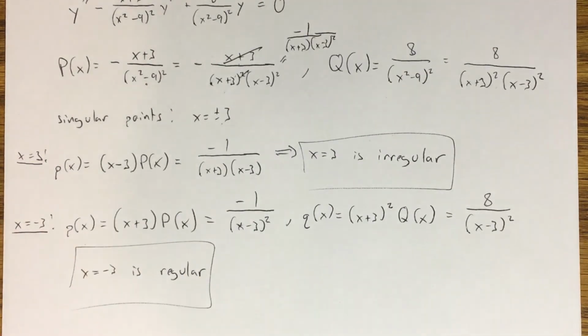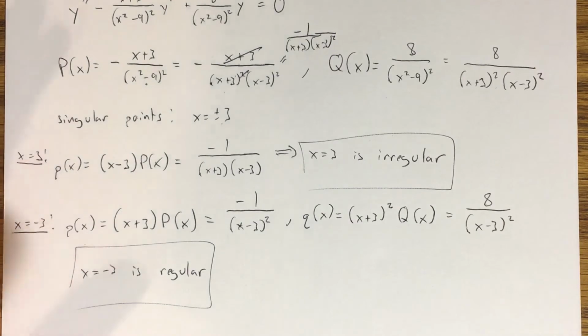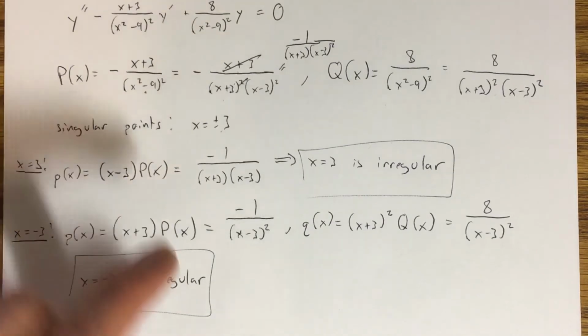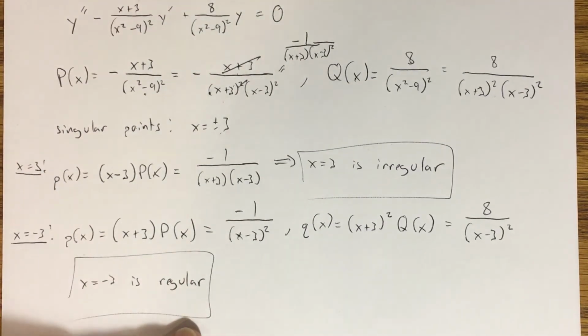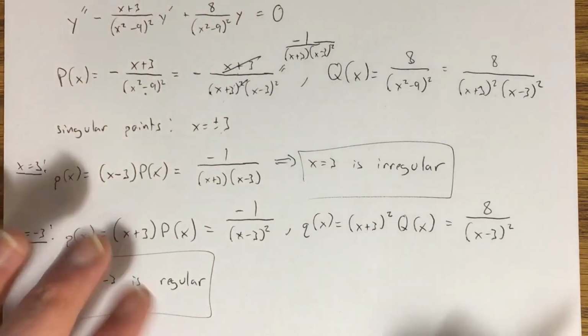Now, the method that we're going to be talking about in 6.3 is only going to work when we are trying to find series solutions to these DEs about a regular singular point. The method doesn't work for irregular singular points in general. It's only going to work for the regular case.